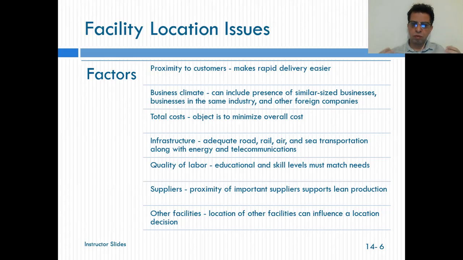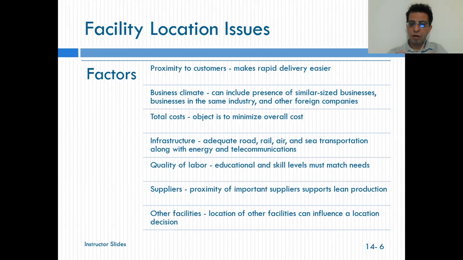Total cost: the objective is to minimize the overall cost. And infrastructure: you look at whether there is adequate road, rail, air, and sea transportation, along with energy and telecommunications. The quality of the labor: educational skill levels must match the needs.